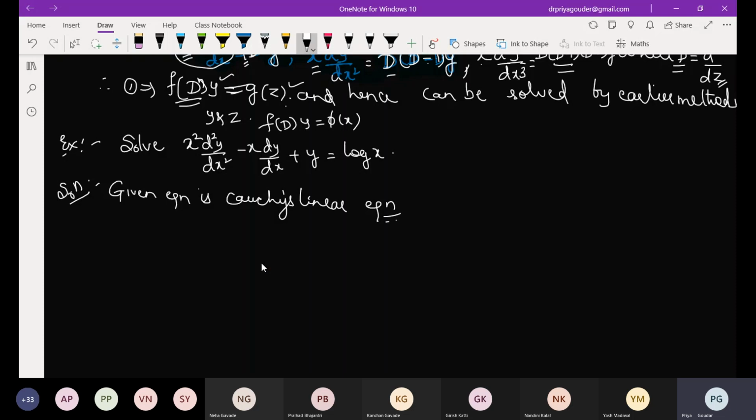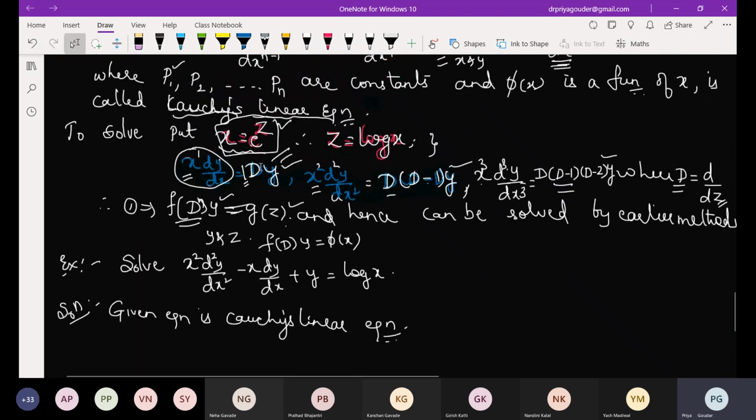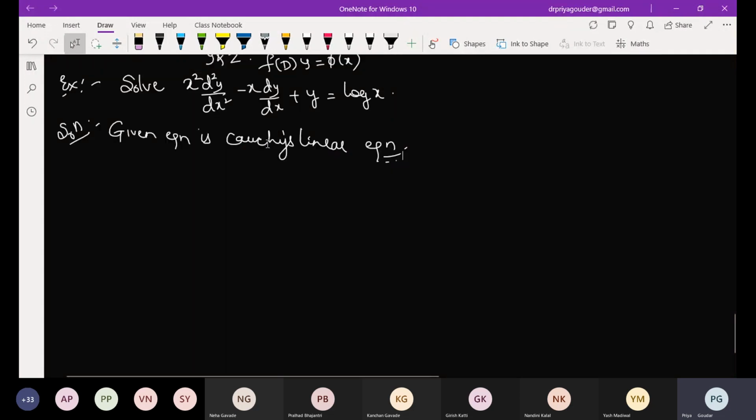Now, when it is Cauchy's, you have to start with the solving part. So here the step is fixed. What substitution do we take? For all Cauchy's, it is fixed. Directly, x value to be substituted.